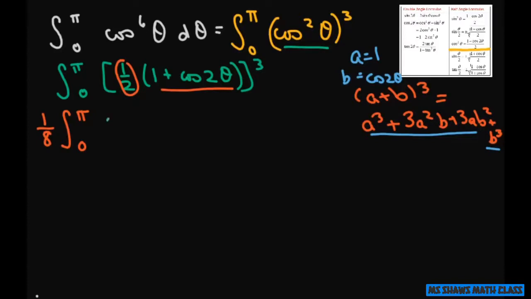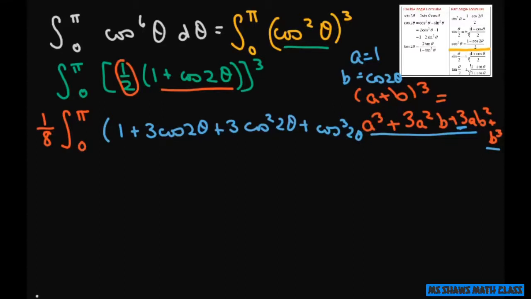So you're going to get 1 squared is just 1, plus 3 times 1 squared, so you're just going to copy down your b, which is cosine 2 theta, plus another 3 times 1 times cosine squared 2 theta, and then plus you just cube your b, so that's cosine cubed 2 theta.